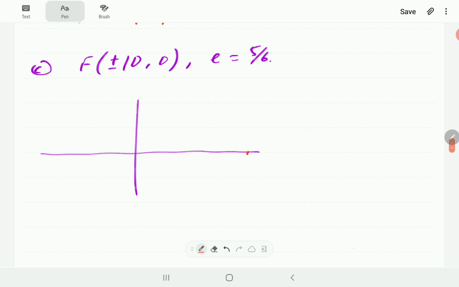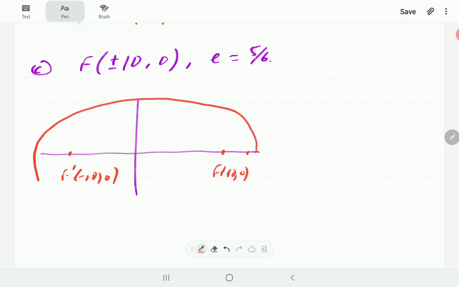So I've got a focus at 10, 0 and a focus at minus 10, 0, which means the ellipse is going to have a horizontal major axis.